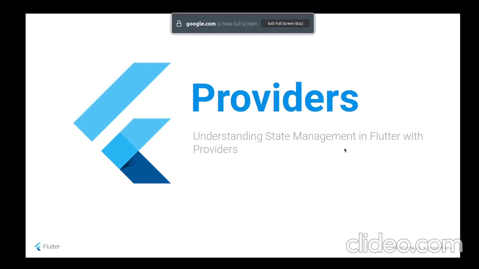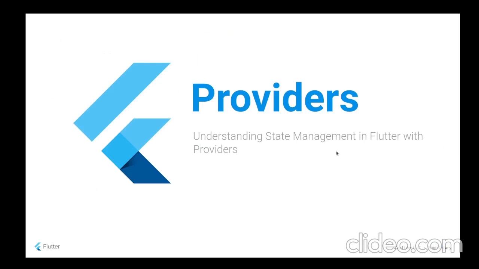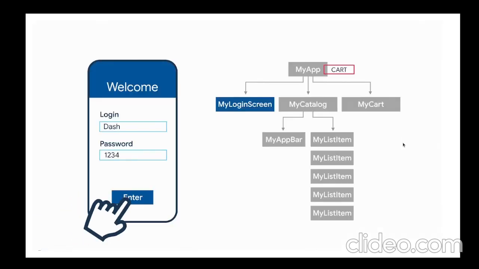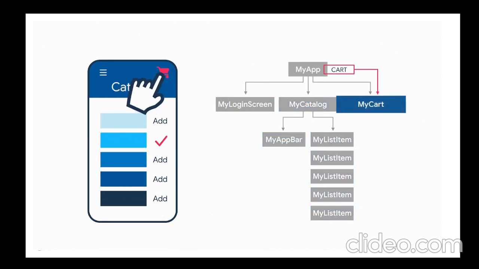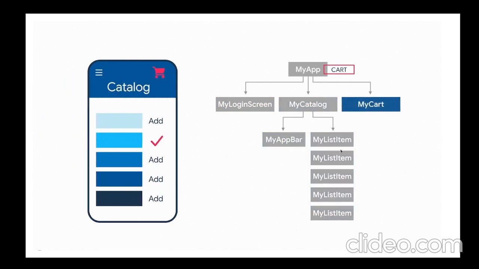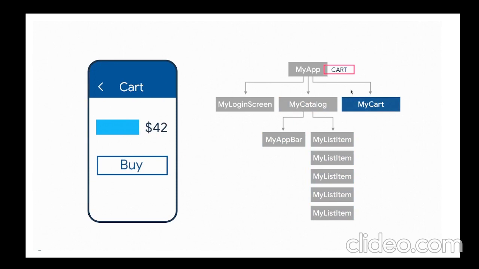So this session will basically be about providers. So we'll understand state management in Flutter with the help of providers. Here is a basic flow of an application, a commercial shopping application. You can see if you add a product to your cart, it will get added to your cart.